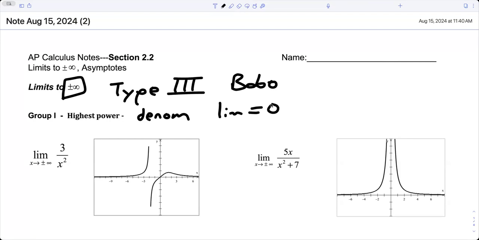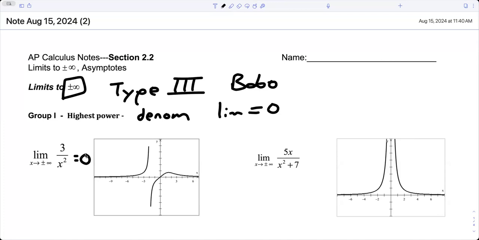So look up here. We have the limit as x goes to plus or minus infinity of 3 over x squared. The degree of the denominator is 2. The degree of the numerator is 0. Therefore, it's bigger on the bottom. Therefore, the value of this limit is 0.